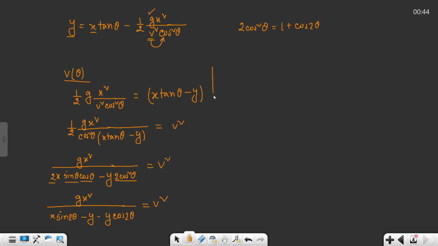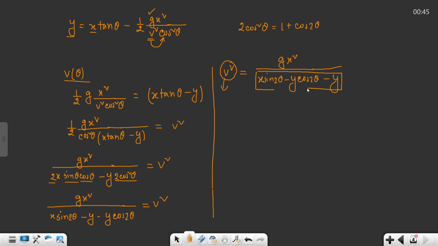Let me write it down again. So v square is equal to g x squared divided by x sine 2 theta minus y cos 2 theta minus y. So to get a minimum value for this, we have to maximize this value right here.